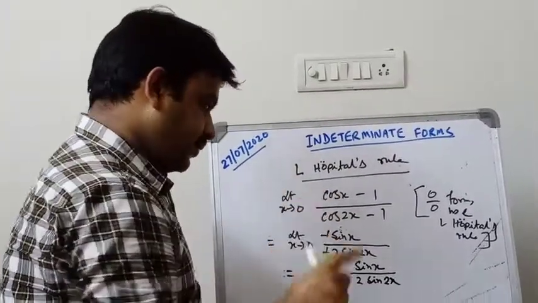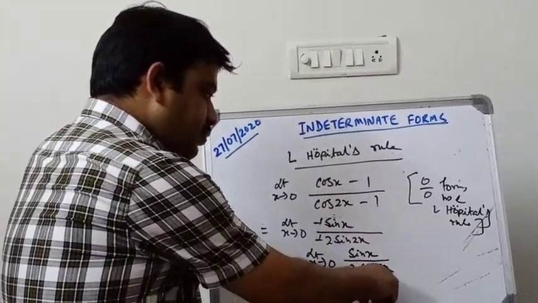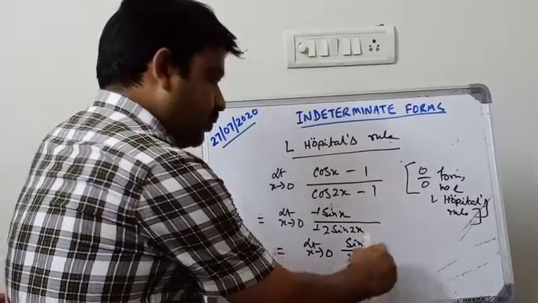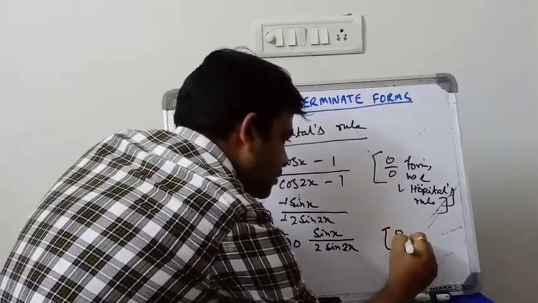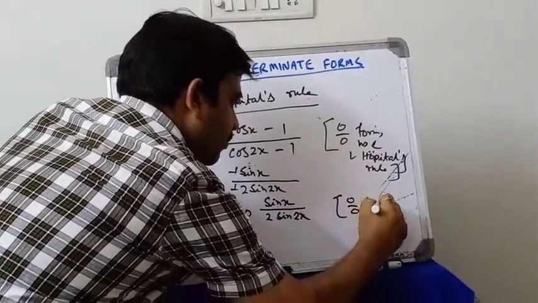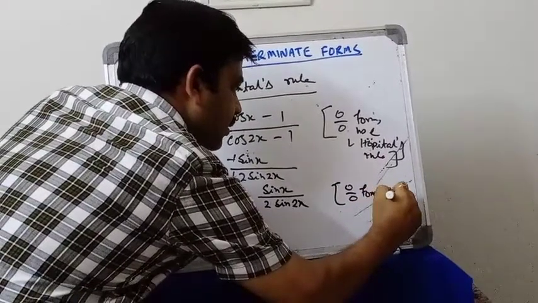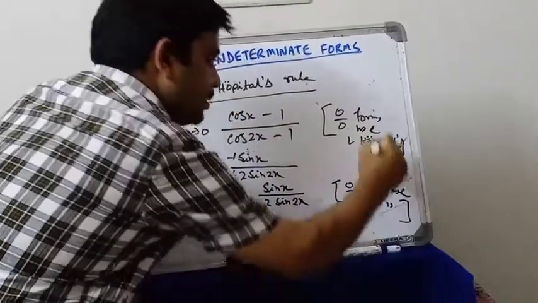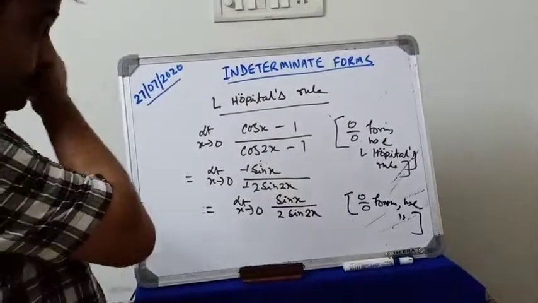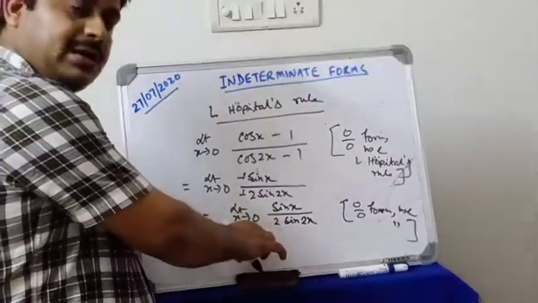sin 0 is 0, sin 2 into 0 means sin 0. Again 0 by 0 form. So here you write 0 by 0 form, use L'Hospital's. Same statement. Again you have to take the derivative of the numerator as well as the denominator.